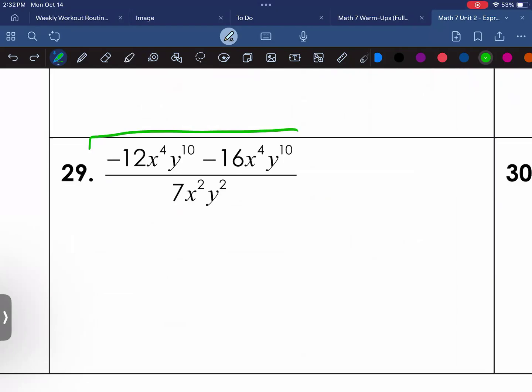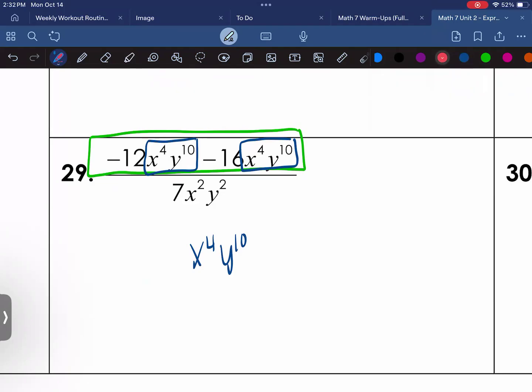So up top here, we do have like terms, since we have x to the 4th y to the 10th and x to the 4th y to the 10th. So that x to the 4th y to the 10th will not change since we are adding and subtracting here, right? Remember, your terms stay the same, exponents and letters all stay the same when you add and subtract.